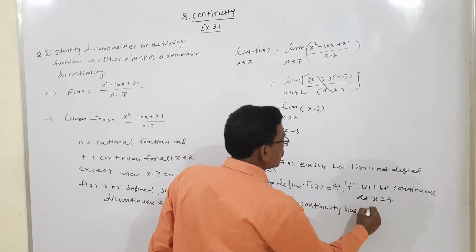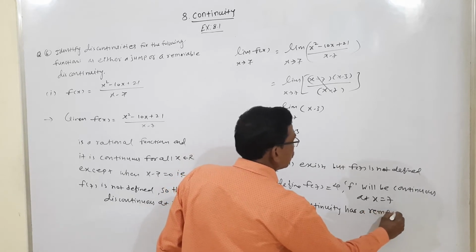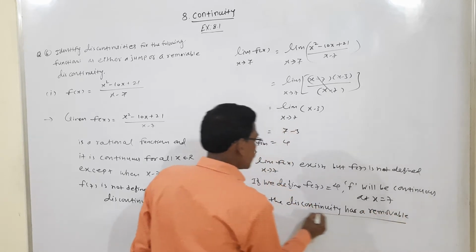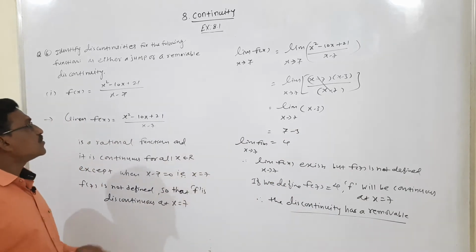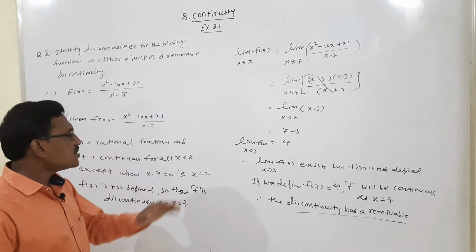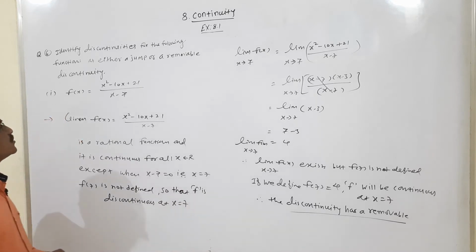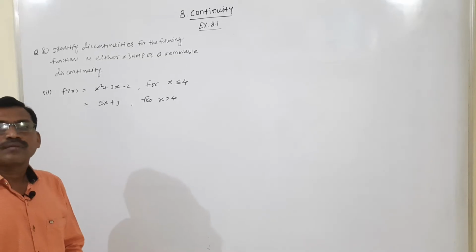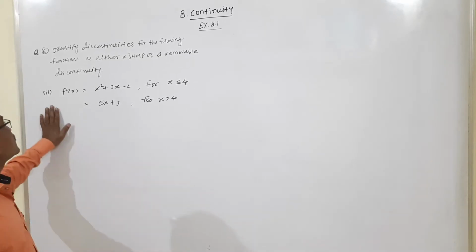So this type of discontinuity is removable. So now we will take the next example. Now take the second example.